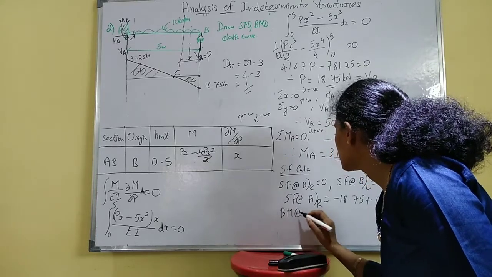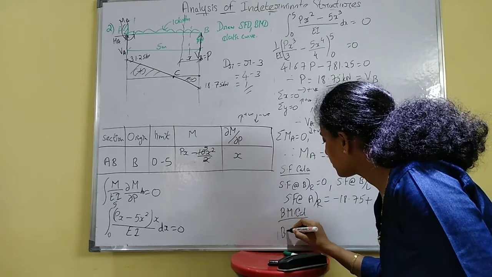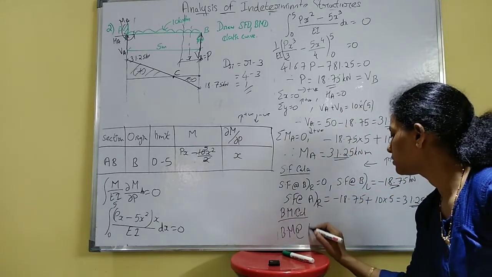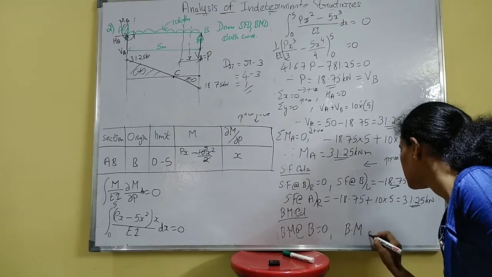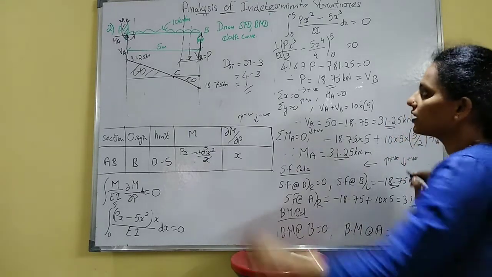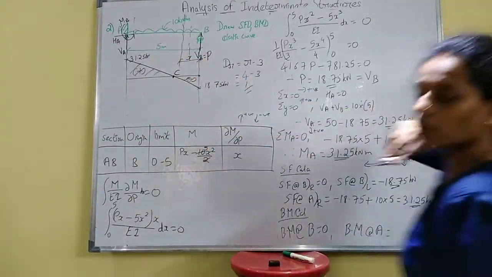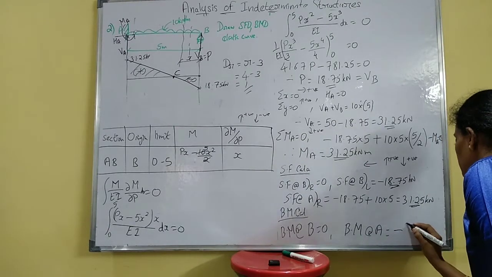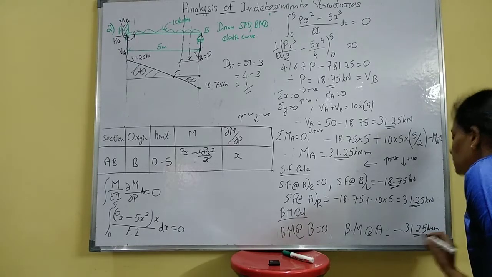Bending moment calculation. So bending moment at B equal to 0, and bending moment at A you can write from here directly. It tends to move the beam upward, so it is negative, so minus 31.25 kilonewton meter.